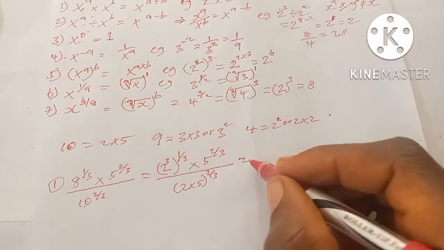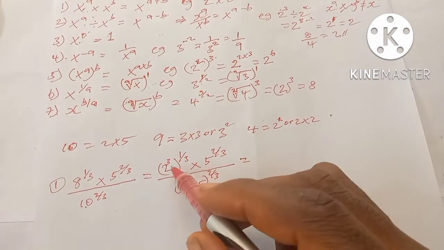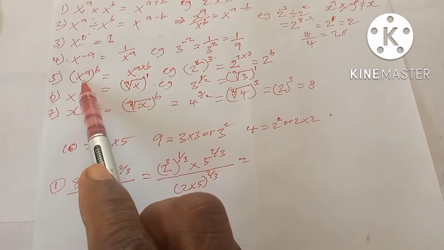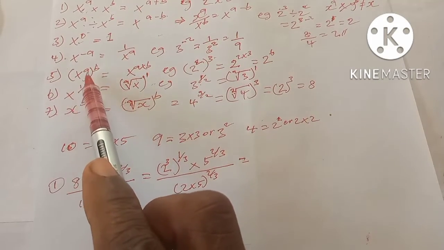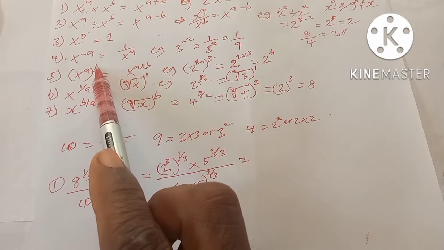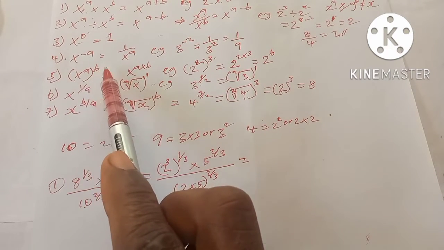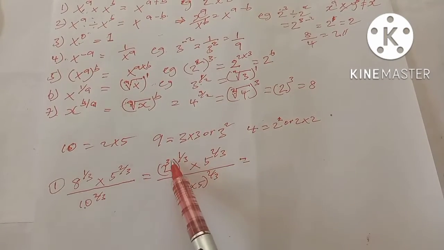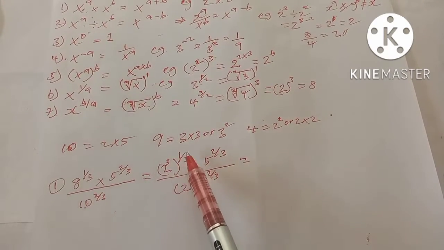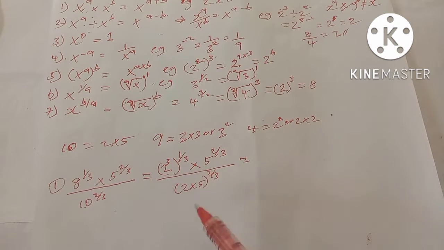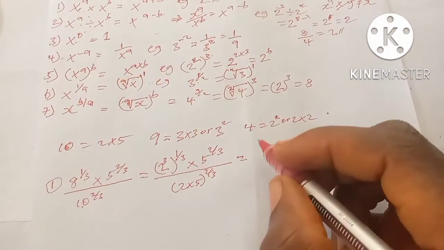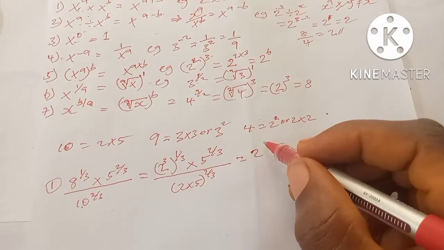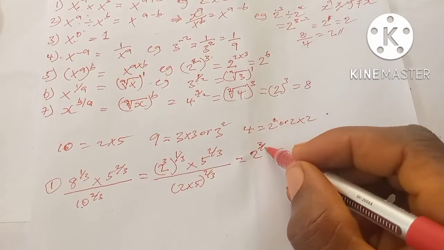Now this is equal to, remember from this law, which law? From the fifth law, which says that x to the power a, raised to the power b, is equal to x to the power a times b. We are going to apply it here. 2 to the power 3 with a power of 1 over 3, we are going to write as 2 to the power 3 multiplied by 1 over 3, the same thing as 3 over 3.